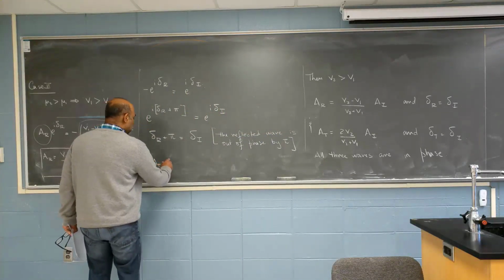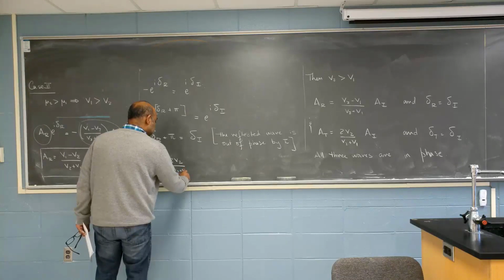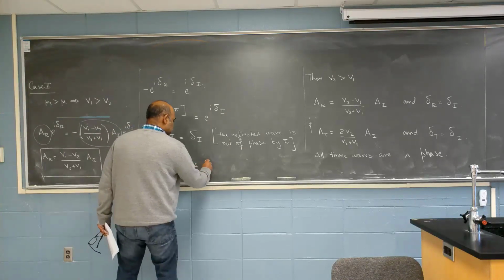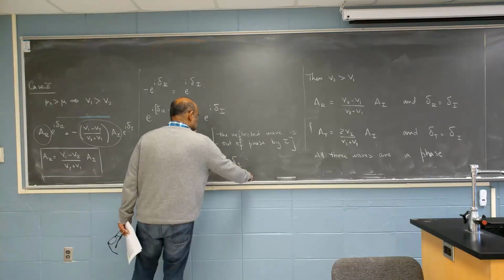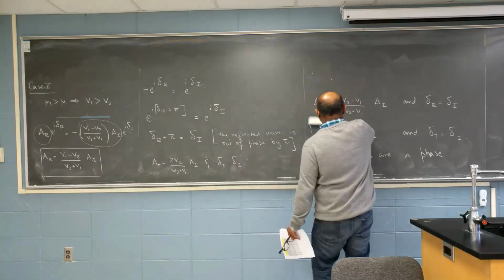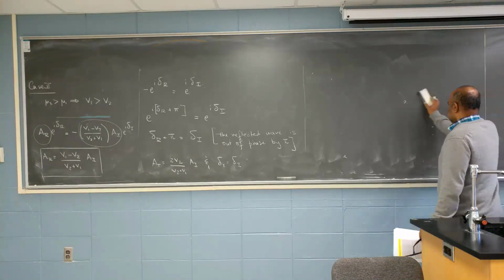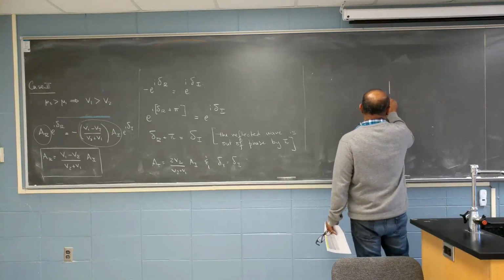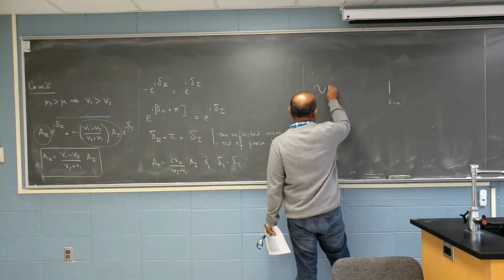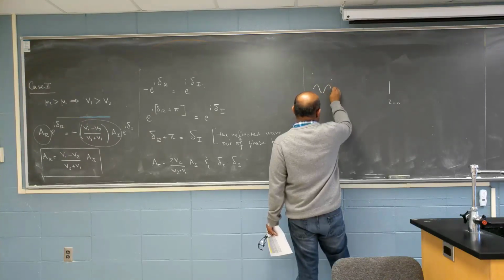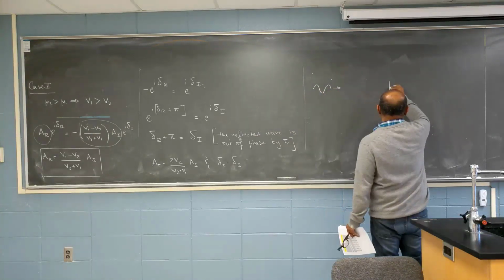And I'll give you a drawing. V2, I'm just copying from the other side. Delta transmitted is the same as delta incident. So what's happening over here? If you have a wave coming in this way, the transmitted wave looks like this. It's in phase.